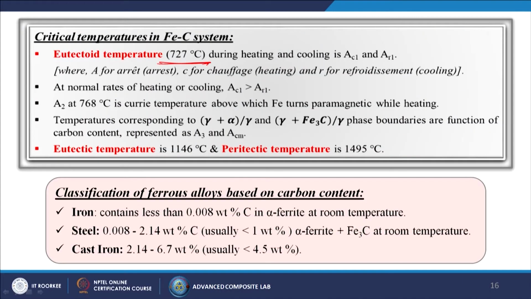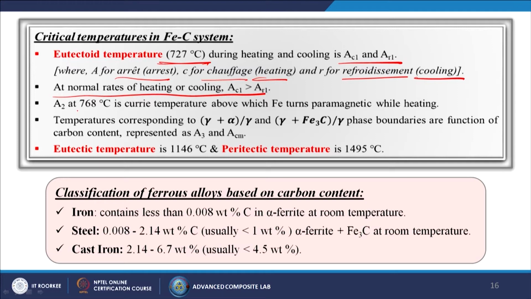Critical temperatures in the iron carbon systems: the eutectoid temperature is generally 727 degree centigrade during heating, and during cooling they are AC1 and AR1, where A is for arrest, C is for chauffe, that means heating, and R is for refroidissement, that means cooling. At normal rates of heating or cooling, AC1 is greater than or equal to AR1.